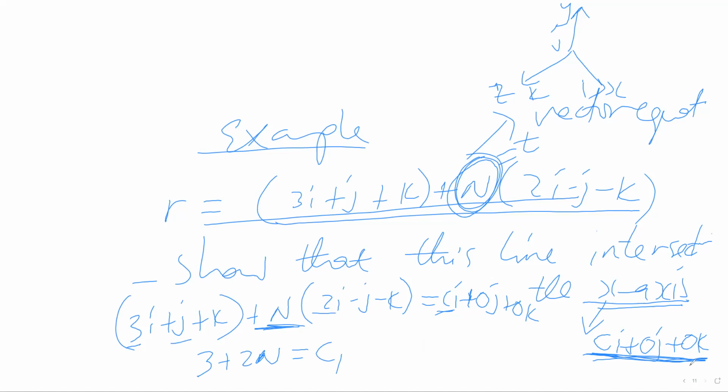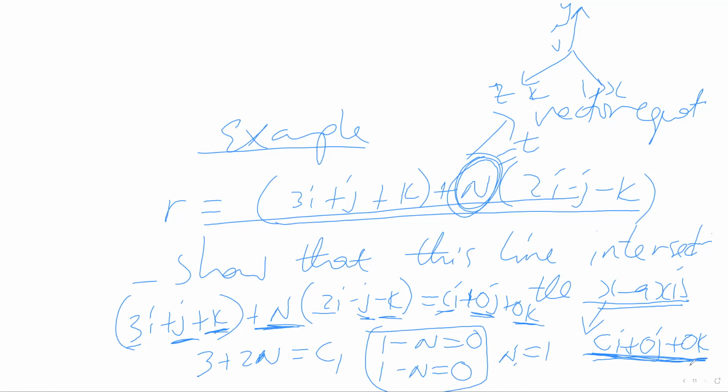Then the j's. I'm just getting the coefficients. 1 minus mu is equal to 0. Then the k's, 1 minus mu is also equal to 0. From these 2 equations, you can see that mu is equal to 1.